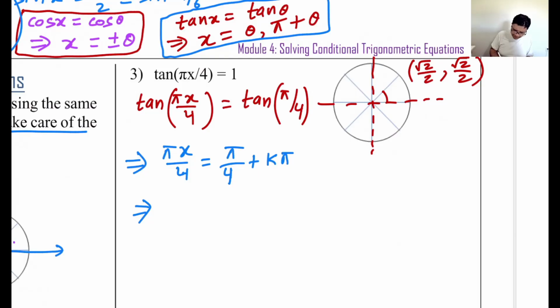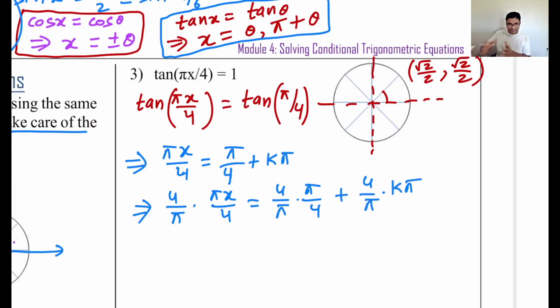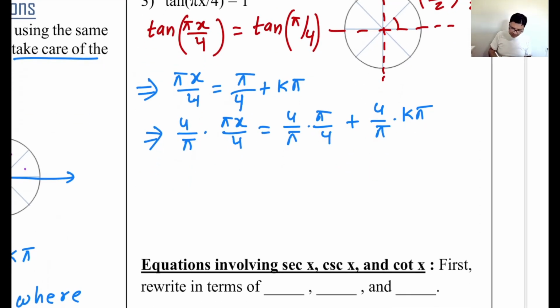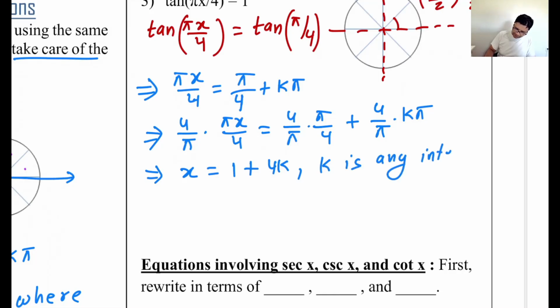I will show this step. So every term, both sides, is multiplied by 4 over pi, and you get x equals 1 plus 4k. Turns out to be a very interesting solution. k is any integer.